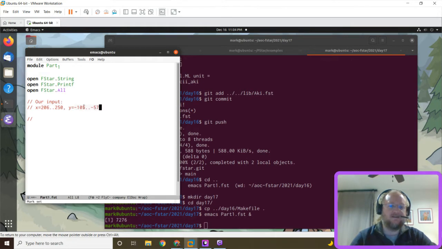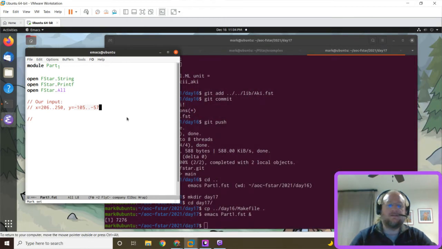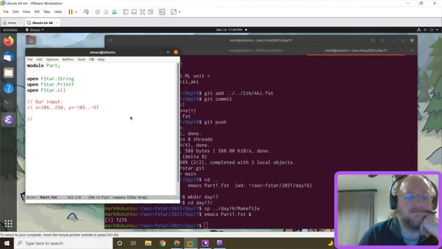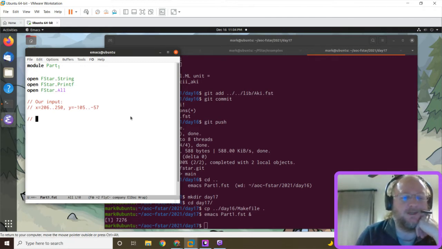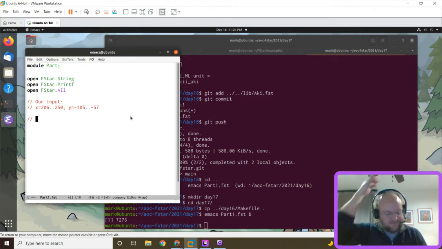And similarly, this gives a range of starting y velocities. So, if I remembered my high school physics or my college calculus, we could probably do some of this, approximate it.